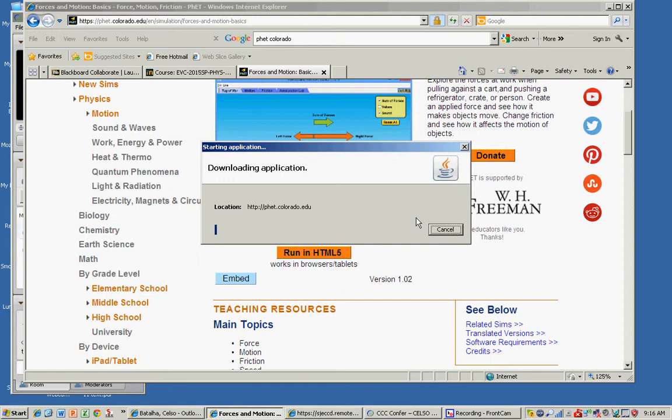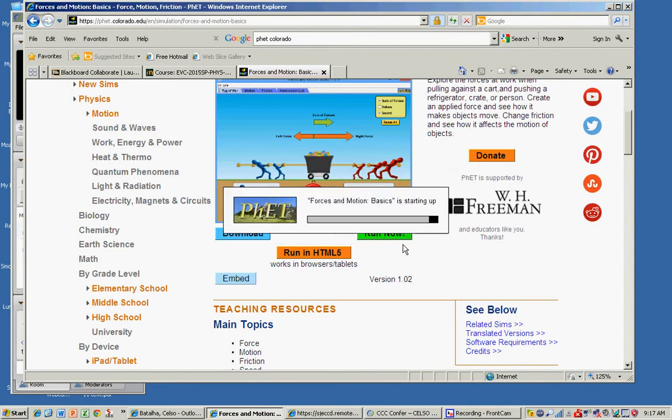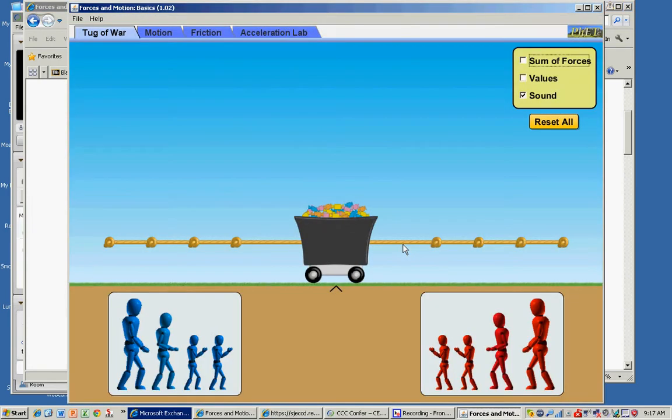It's coming in. So click Run. Depending on how the security of your computer goes, it might come up with a yellow warning bar asking you if you want to download or not, so just accept it.